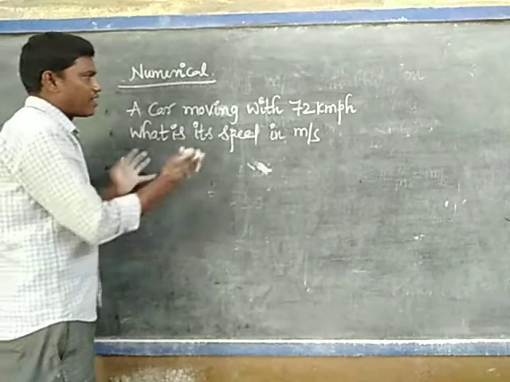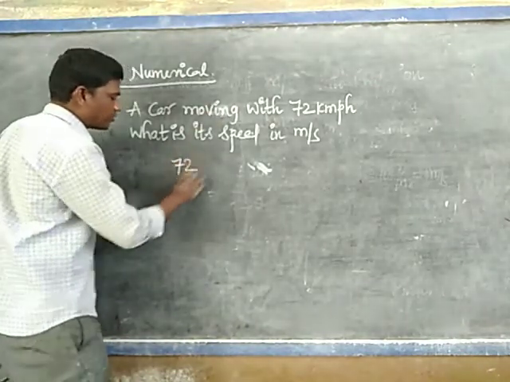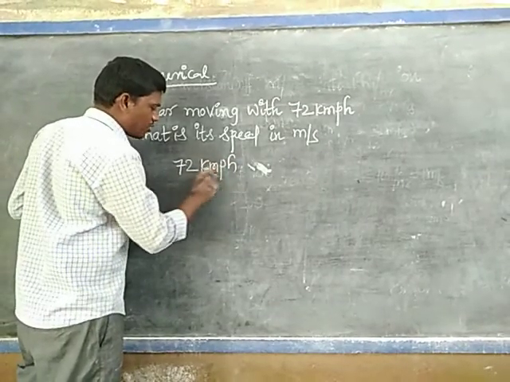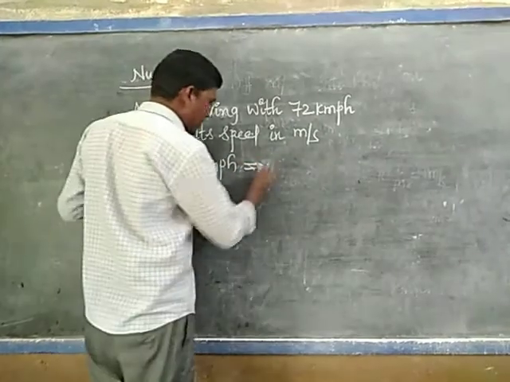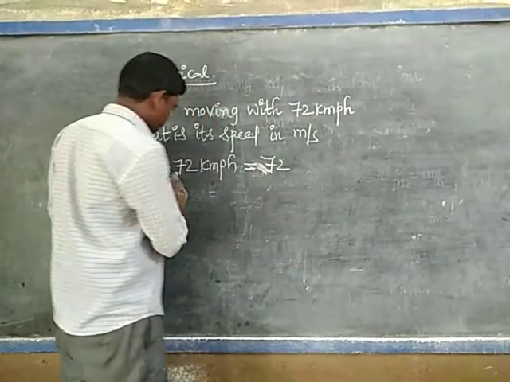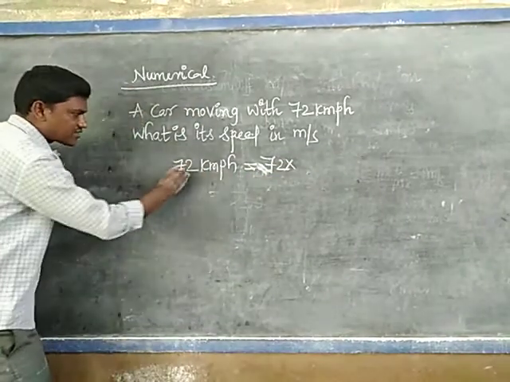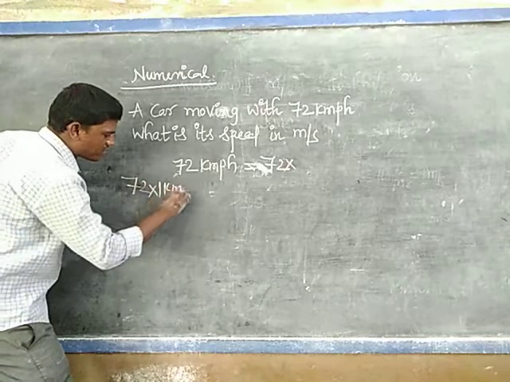So what is the value they have given? 72 kilometers per hour, kmph, is equals to 72 into 1 kilometer per hour.